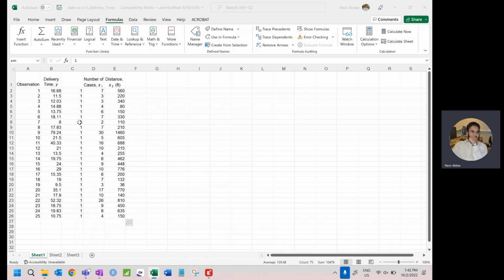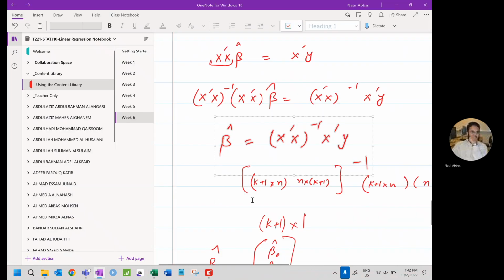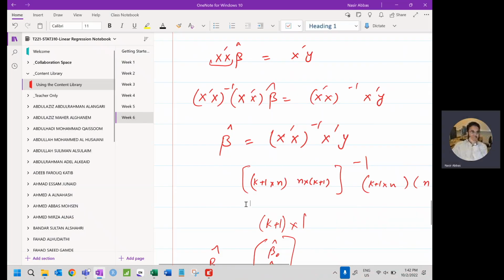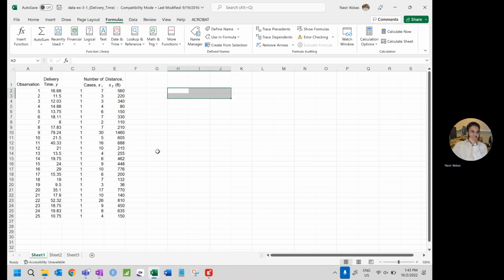Now tell me, what will be the order of X transpose X? X transpose X, K plus 1 by K plus 1. K is 2. K plus 1 is 3. So the order will be 3 by 3. I will select a 3 by 3 space, let's say here, and I'll write equals.